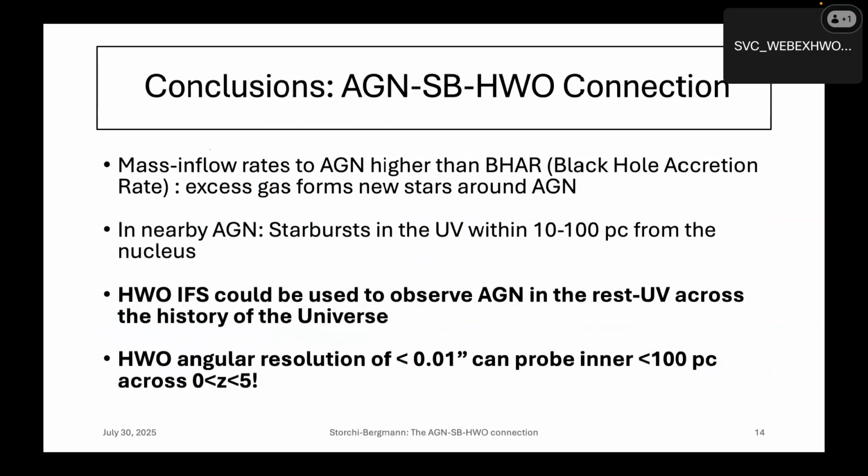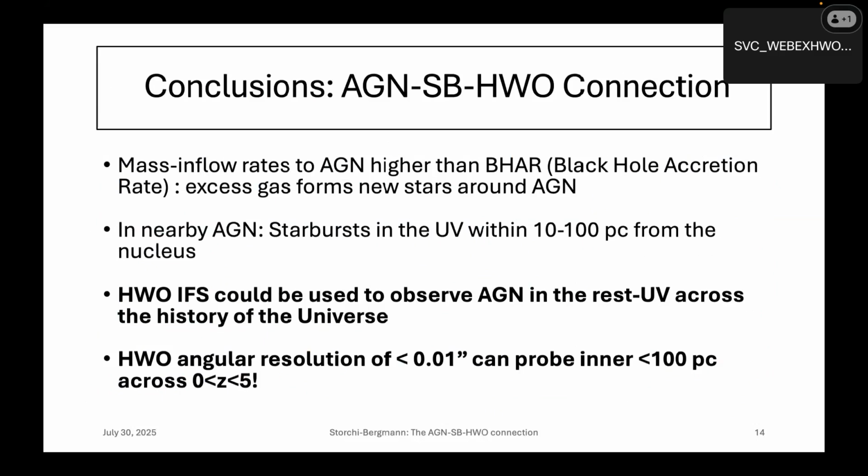My conclusions are that, because the mass inflow rates to AGN are higher than the black hole accretion rate, we have excess gas around the nucleus, and this can form new stars. In nearby AGN, we can see starbursts in the UV within 10 to 100 parsecs from the nucleus.